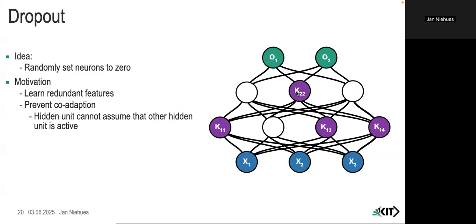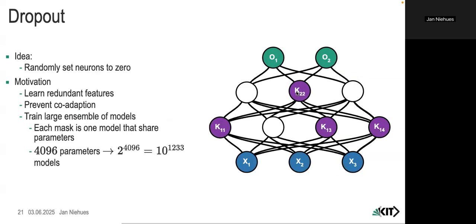Another way of viewing it is that we are training a lot of smaller models in parallel. So another view is that we're training an ensemble of models. You can assume that each mask is a model. So every time you mask differently, you have a different model.